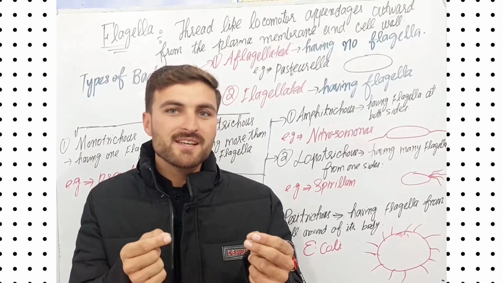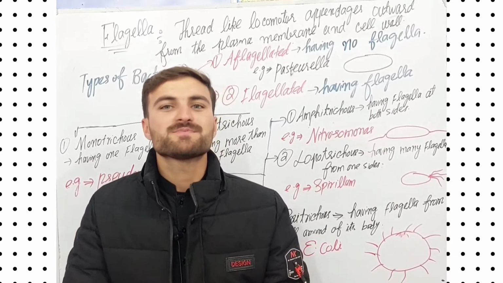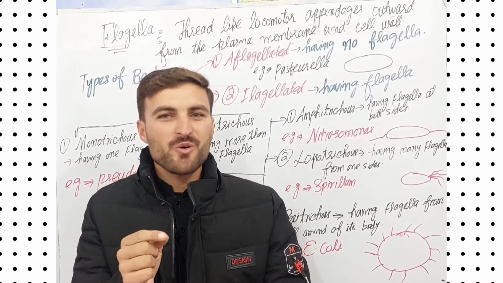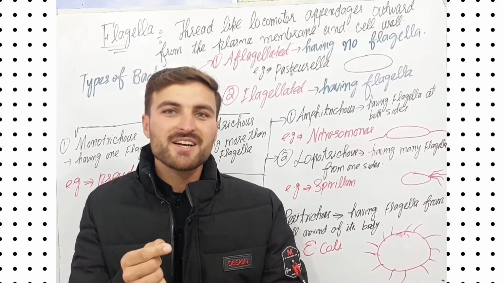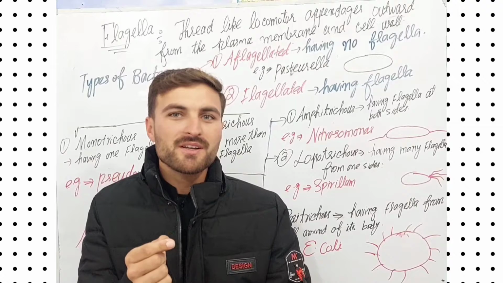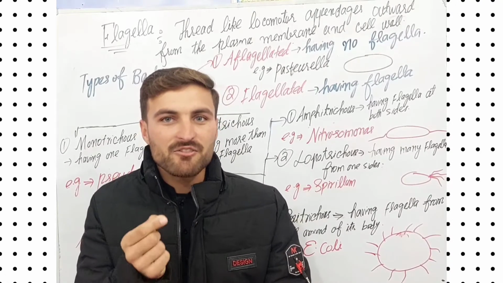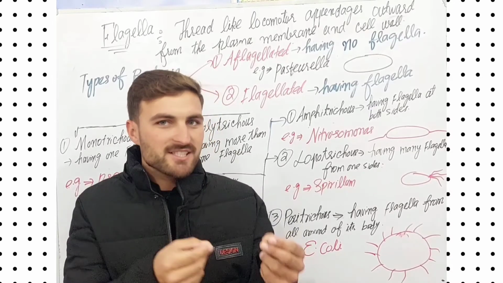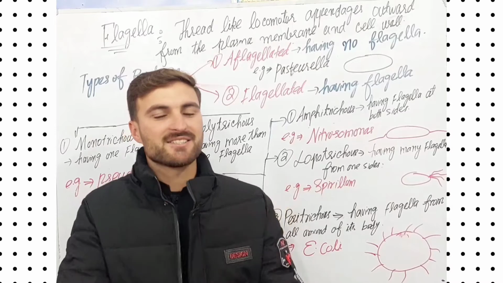We observe them with the electron microscope. But there is another possibility: we can see flagella with the light microscope with one condition, and that is if we stain the flagella. When we stain the flagella, the flagella become thick, then we can see them.